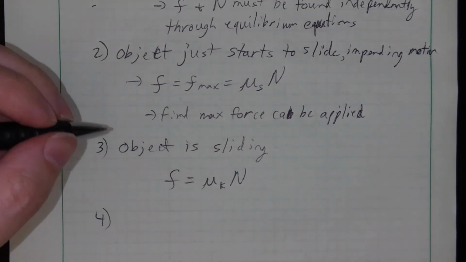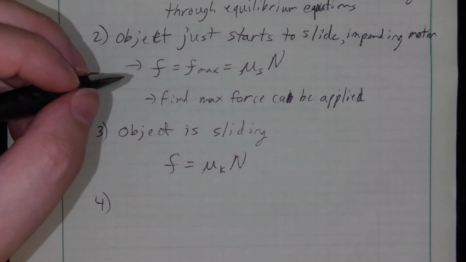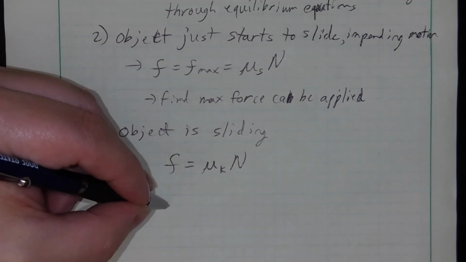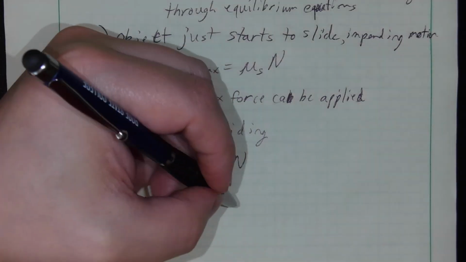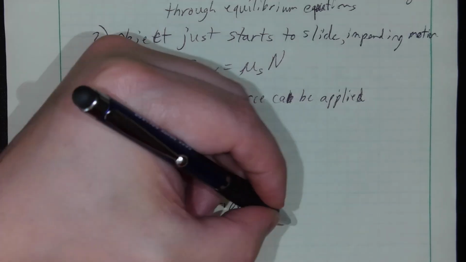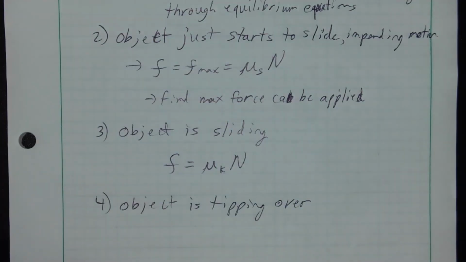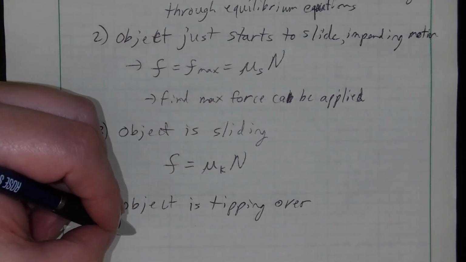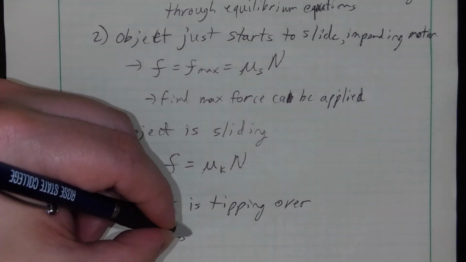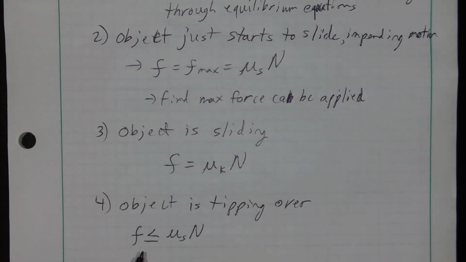The fourth common situation we can encounter, we've alluded to a little bit. The object is tipping, say tipping over, or beginning to rotate. Right? So here's the thing, in this situation, we don't know if the friction force has reached its maximum. It may not have.